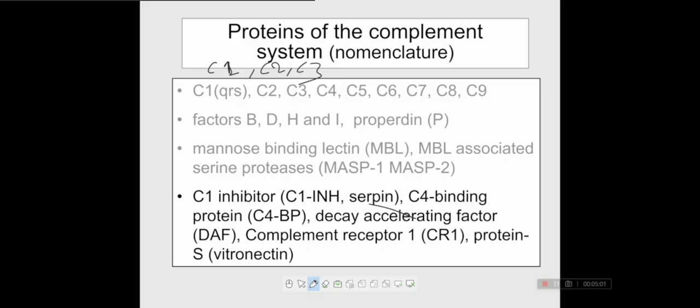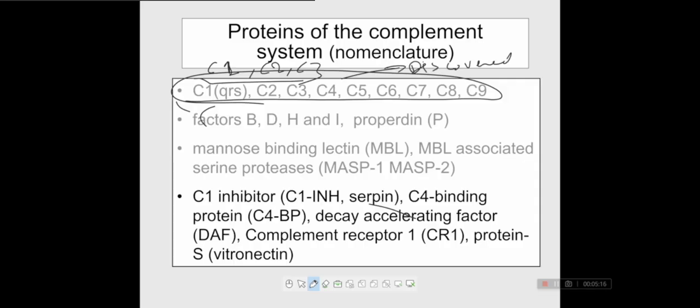The number indicates the sequence in which they were discovered, meaning C1 was discovered first, after that C2, after that C3, and so on.